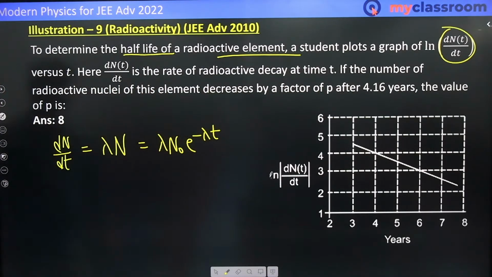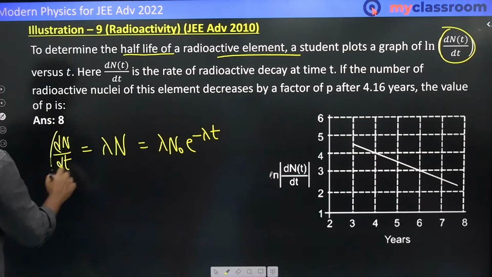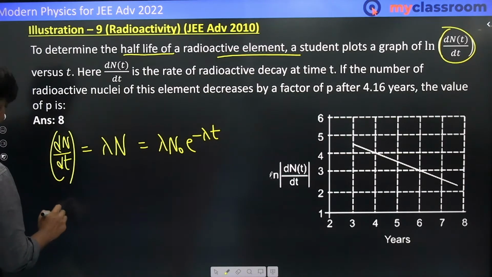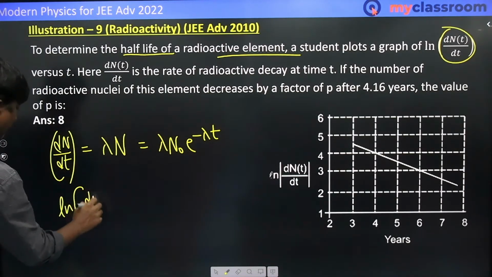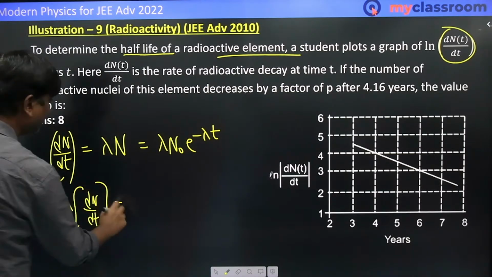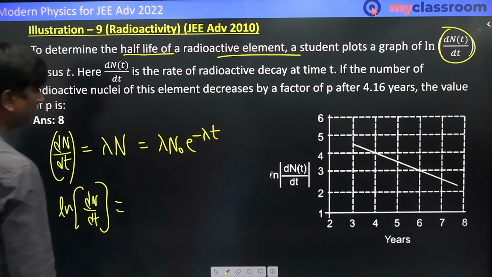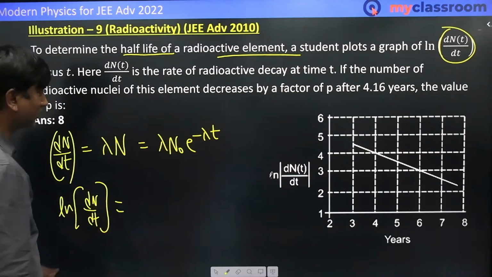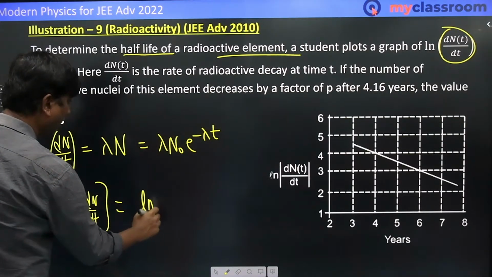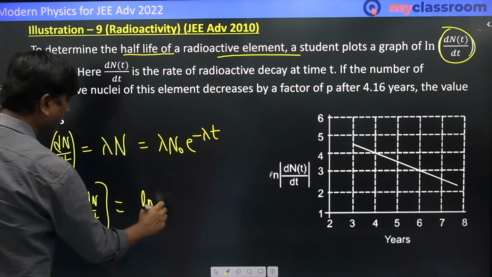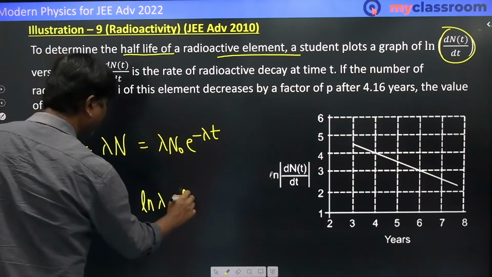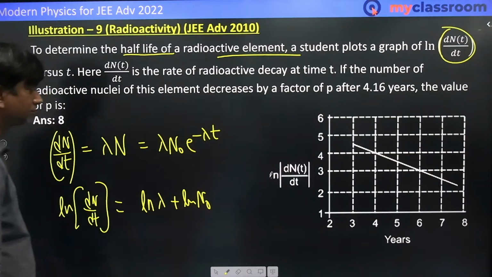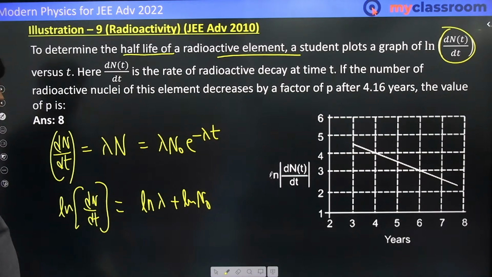Next, what I will do is take ln of dN/dt, which has three terms, so ln of all this can be written as ln of lambda plus ln of N naught minus lambda t.